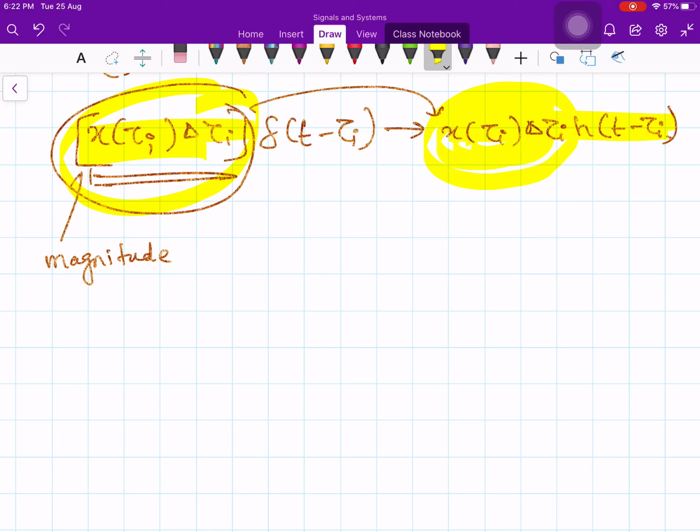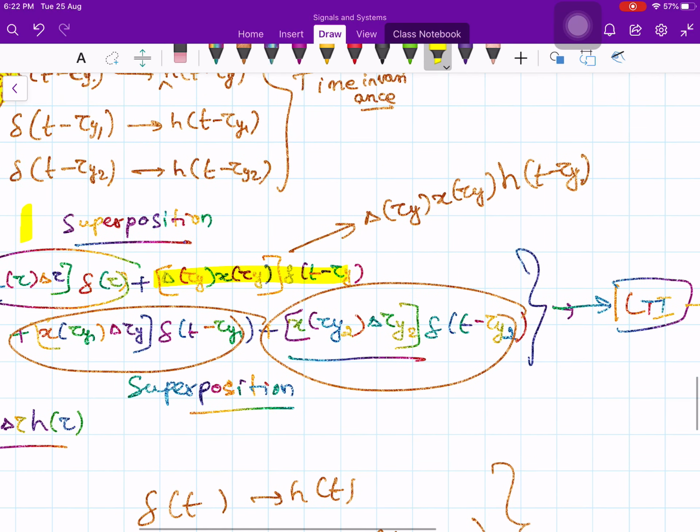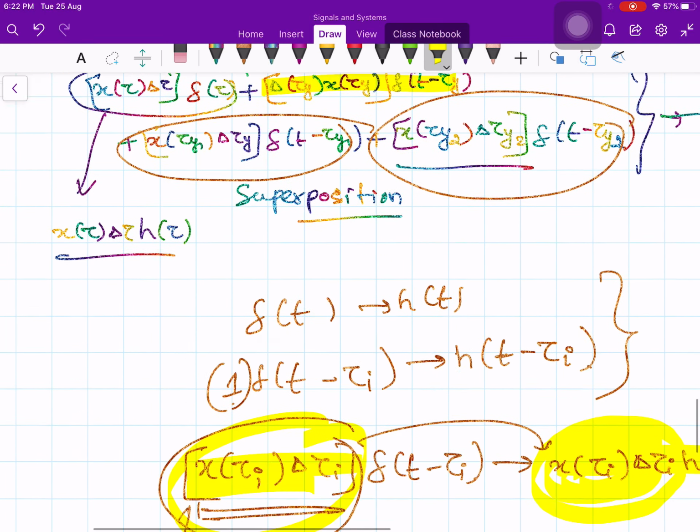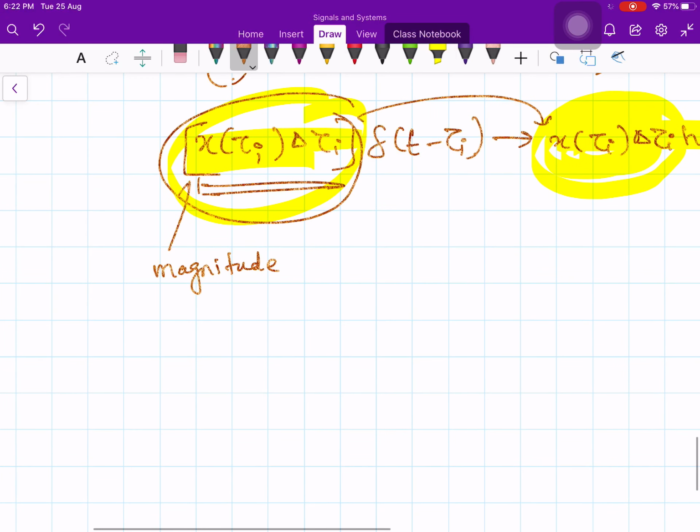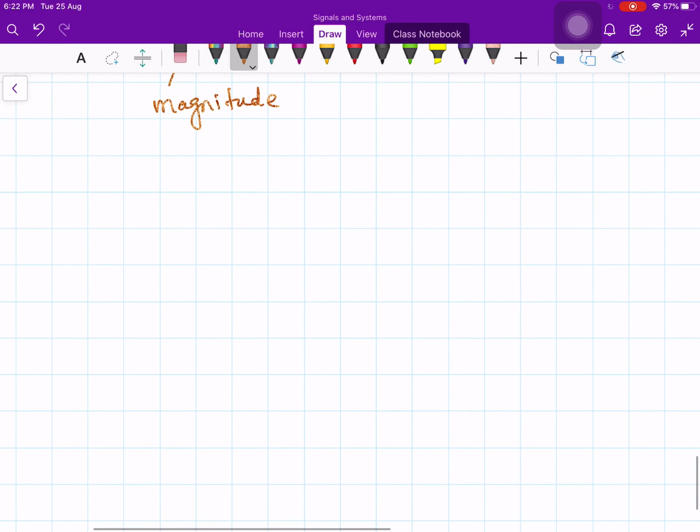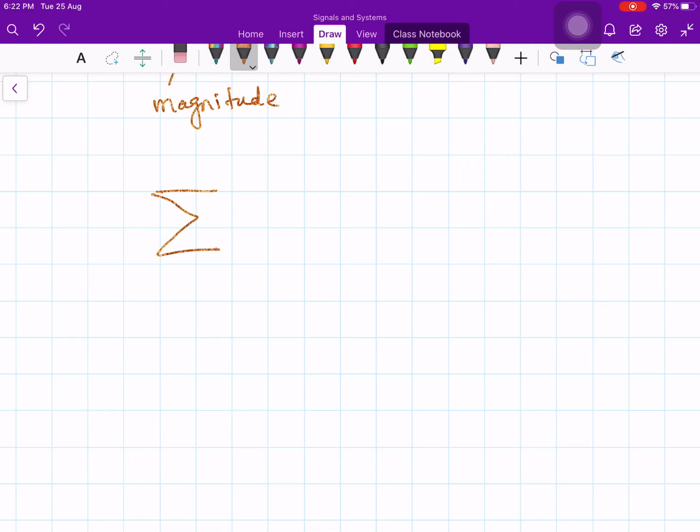And now here we have the summation of all such things. As I said, there are many impulses, you sum them all up. So you put a summation here, x of tau i times delta t, this width is anyway constant.